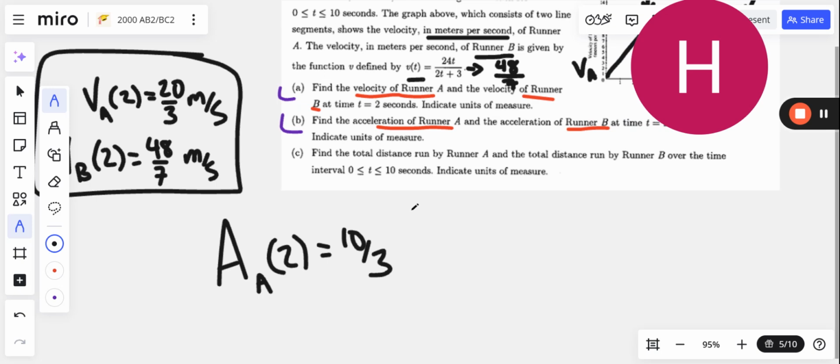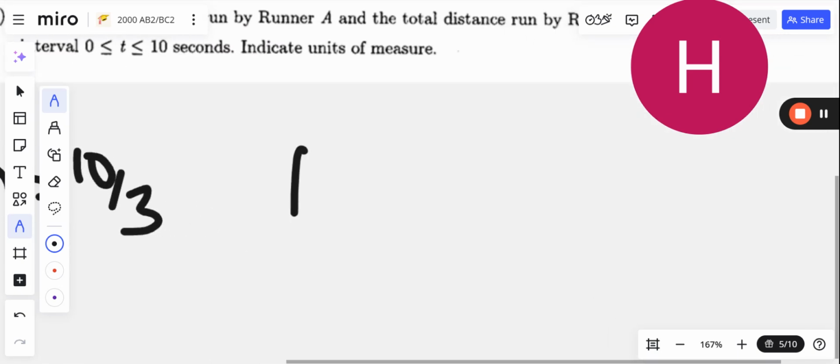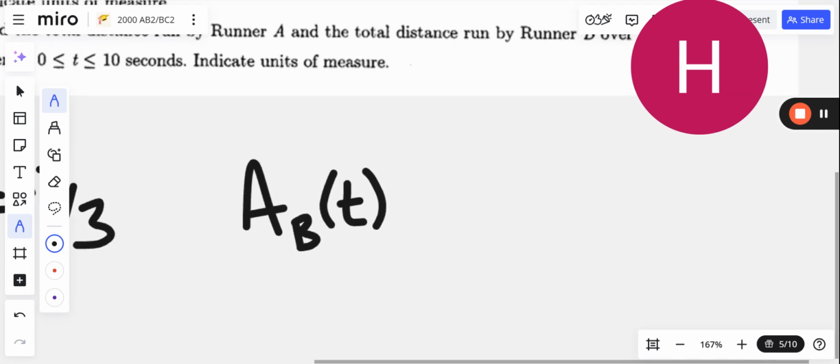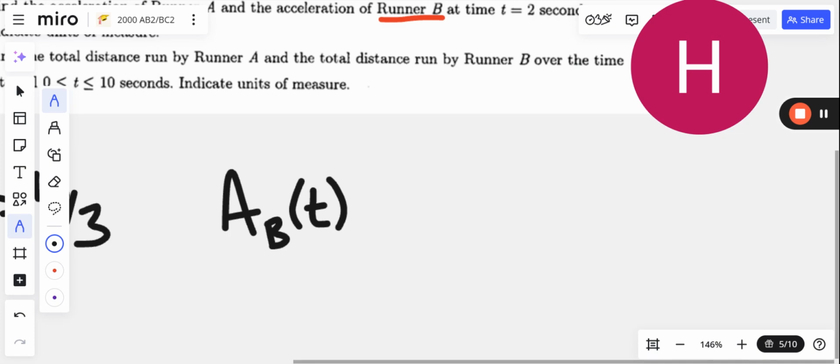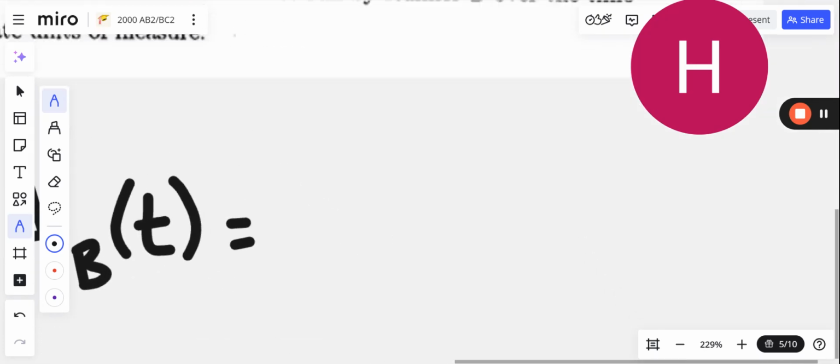I guess finding the acceleration of runner B would be a little bit tougher, so let's do this. We'll say a_B of t, the acceleration of runner B as a function of time, is going to be the derivative. So we have a quotient. However you remember the quotient rule is fine.